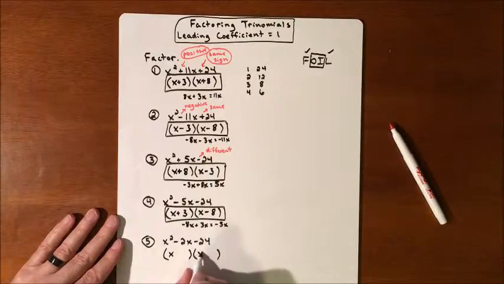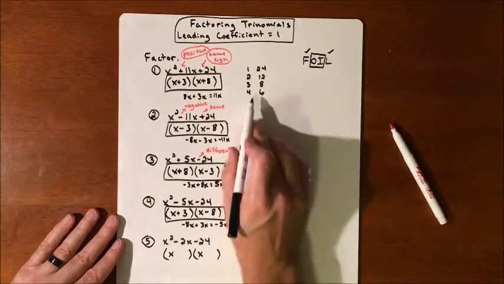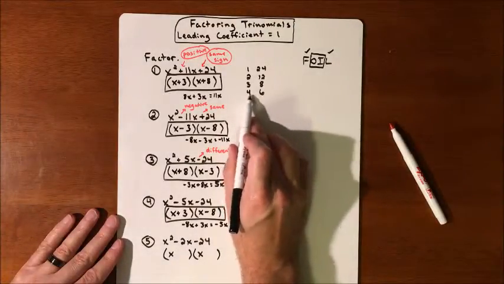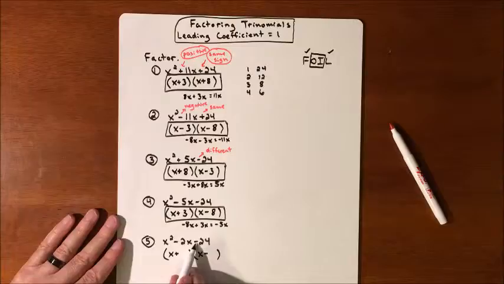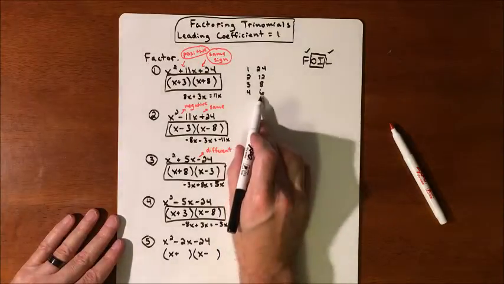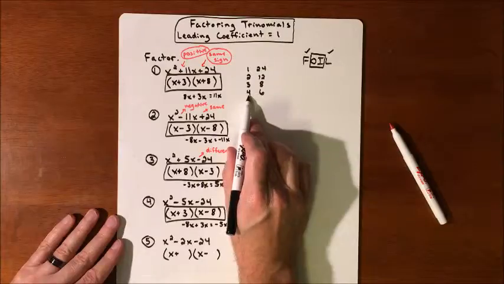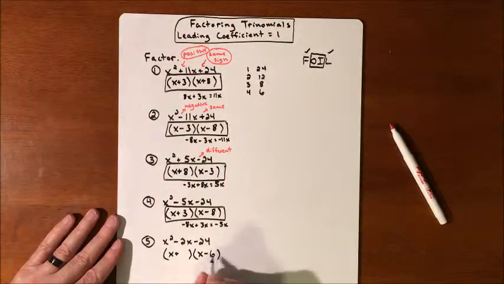So x times x, we need factors of 24 that are going to differ by 2, which is this combination right here. So 4 and 6, one's going to be positive, one's going to be negative, because we know the difference. They have to be different with this being a negative 24. And we need more negatives than we do positives. So the 6 will be negative, the 4 will be positive.